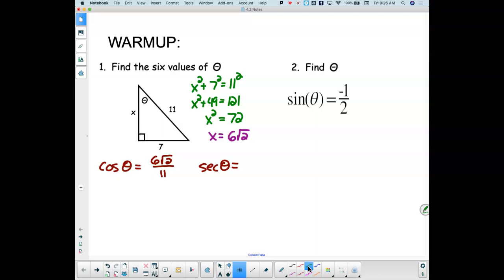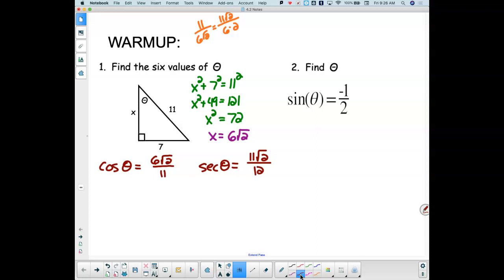But we don't like those radicals downstairs. So, quick rationalization here. 11 over 6 square roots of 2 is going to be 11 square roots of 2 over 6 times 2. So that's going to be 11 square roots of 2 over 12. For that one.